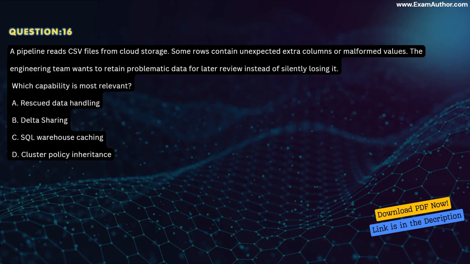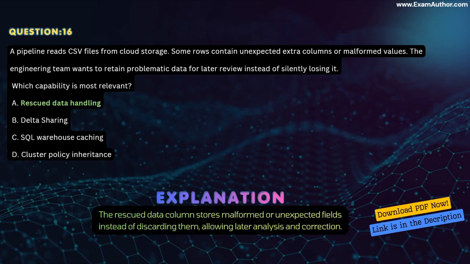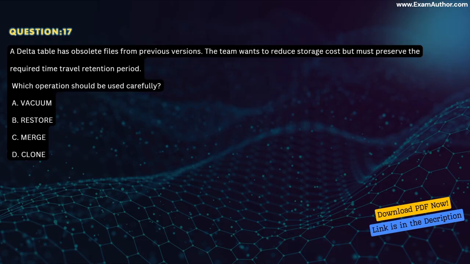C. SQL warehouse caching. D. Cluster policy inheritance. Correct answer: A. Rescued data handling. Explanation: the rescued data column stores malformed or unexpected fields instead of discarding them, allowing later analysis and correction.